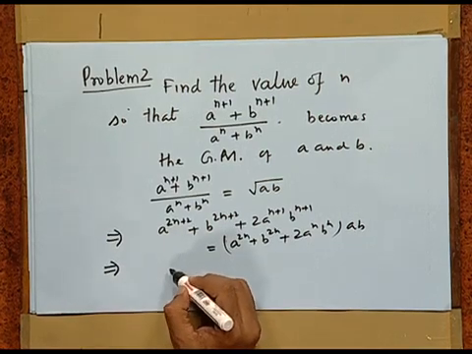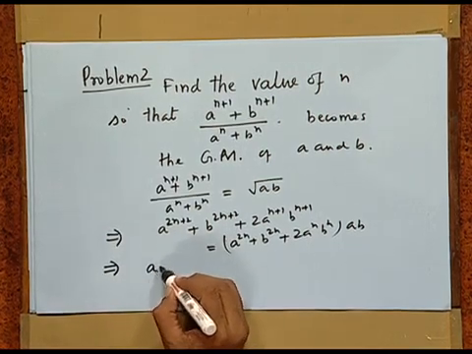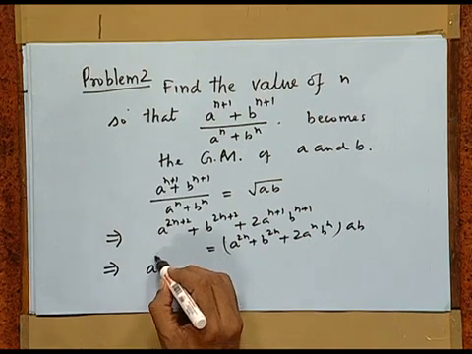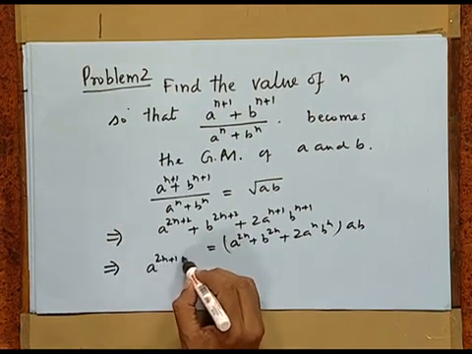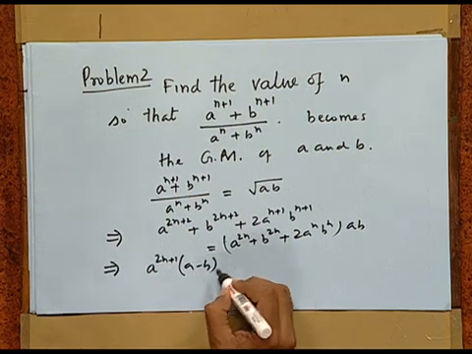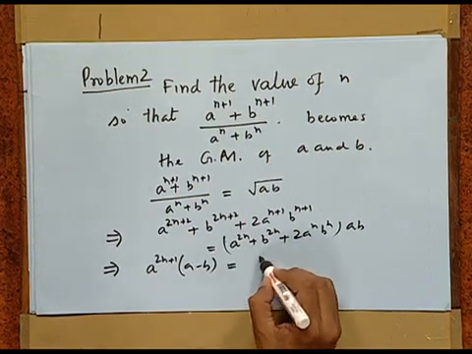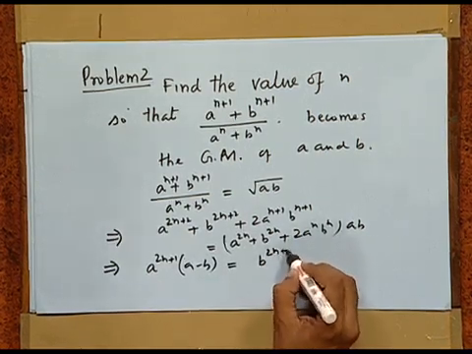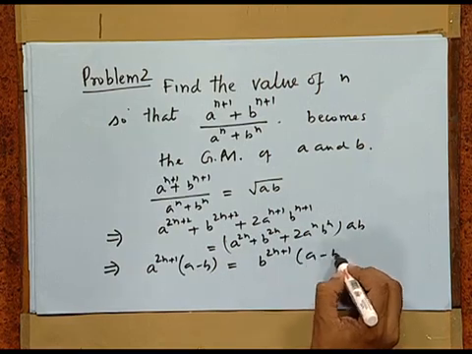On simplification, we get a raised to power 2n plus 1 times (a minus b) equals b raised to power 2n plus 1 times (a minus b). As a and b are not equal, we can safely cancel a minus b.